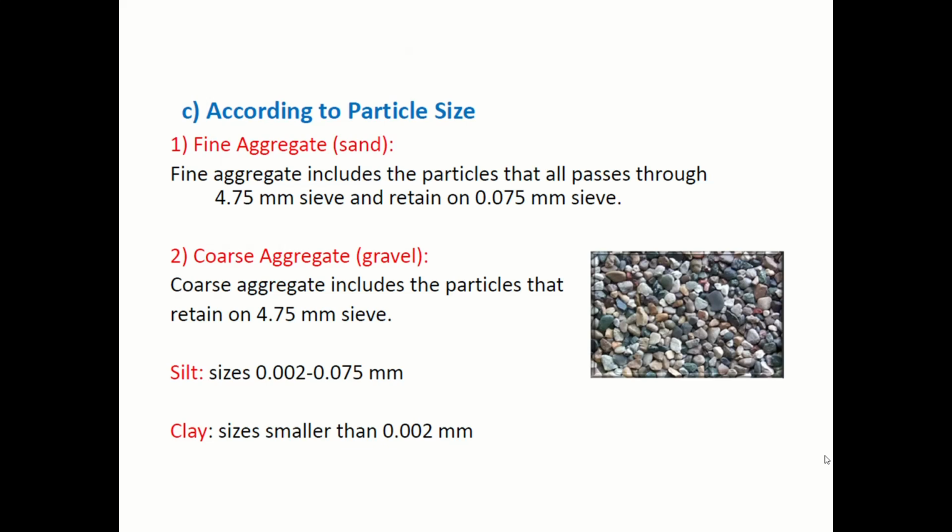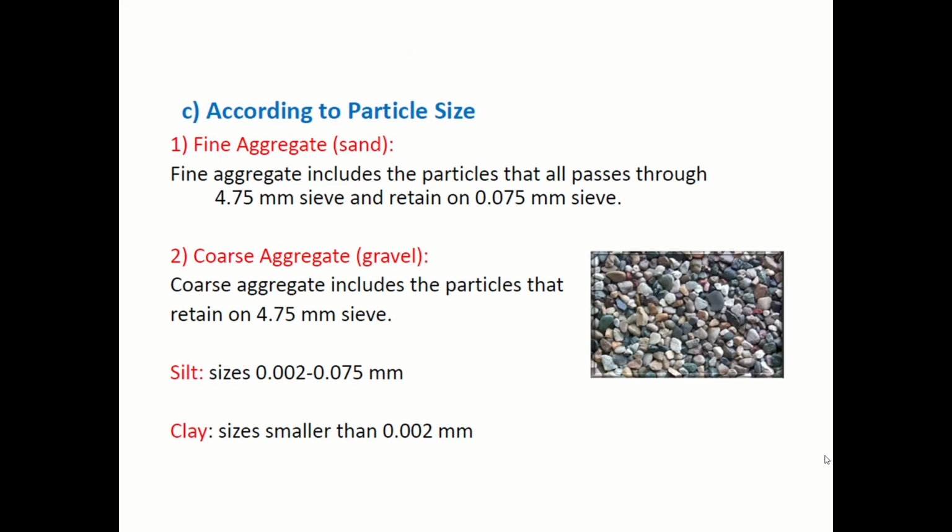Now we are talking about aggregate in terms of particle size. In general, we divide the aggregate into two main categories. Fine aggregate, which we also call sand, refers to particles that pass through the 4.75 millimeter sieve and are retained on the 0.075 millimeter sieve.